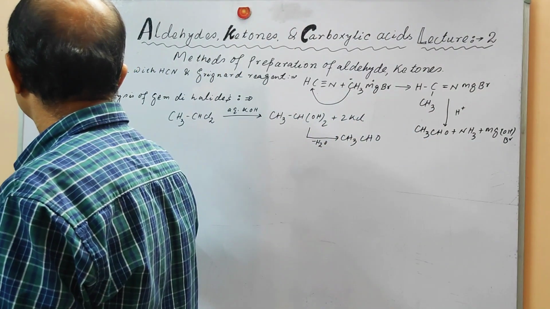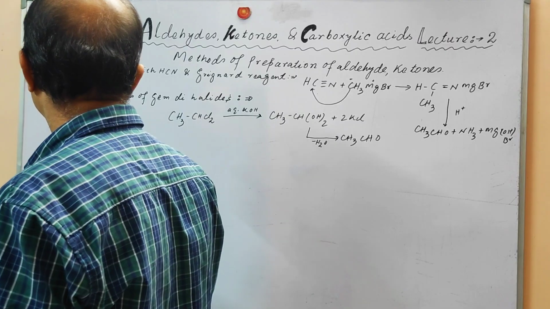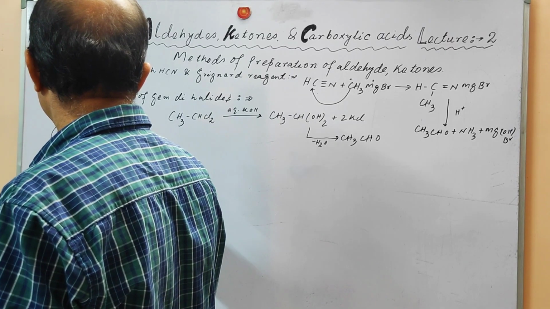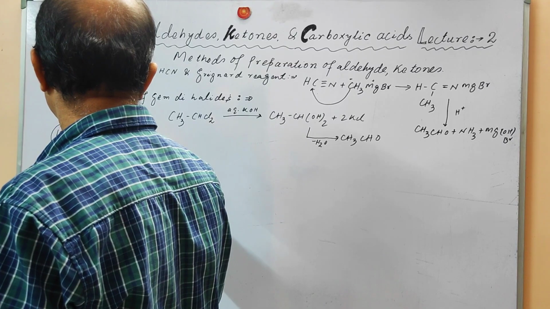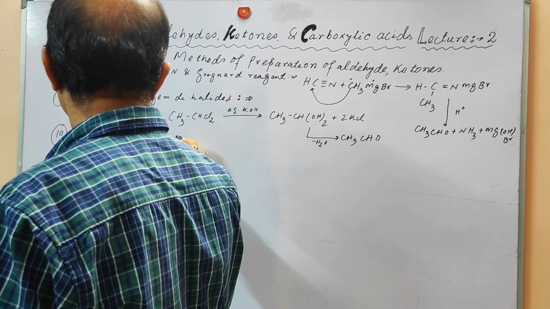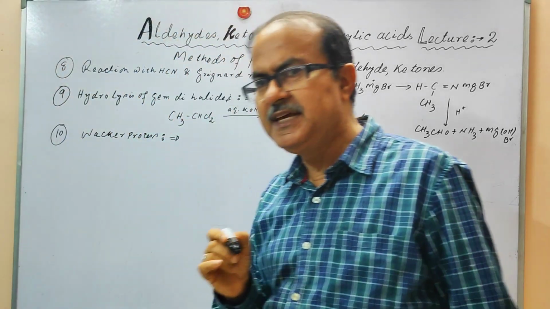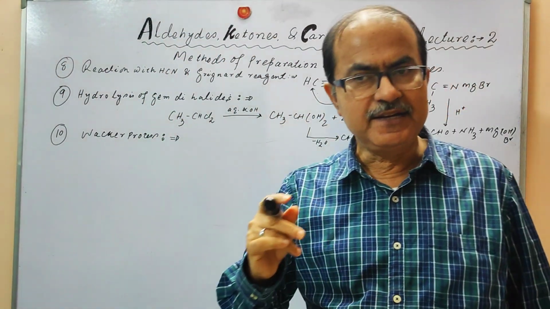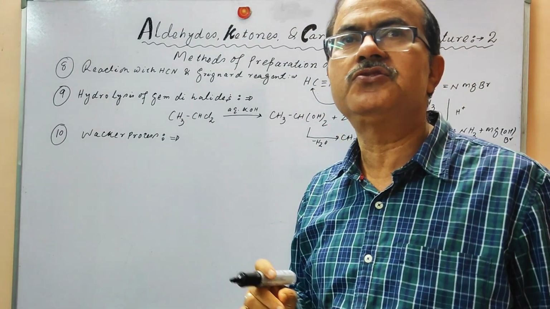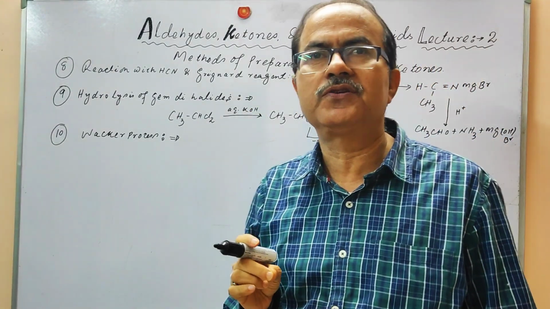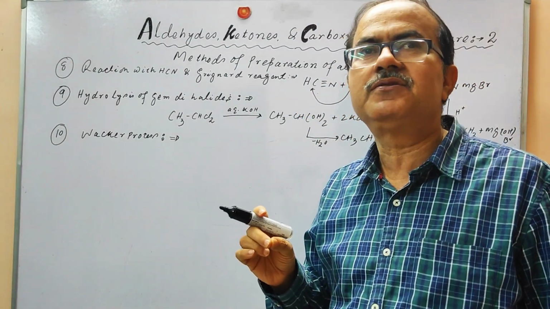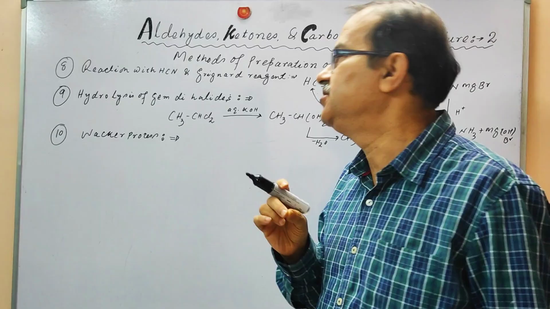Reaction number 10 is called the Wacker process. In this process, ethylene is reacted with a solution of PdCl2 in presence of a small amount of cupric chloride and is oxidized by air oxygen.